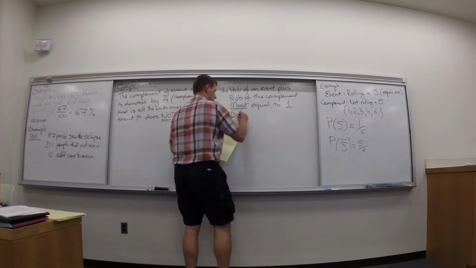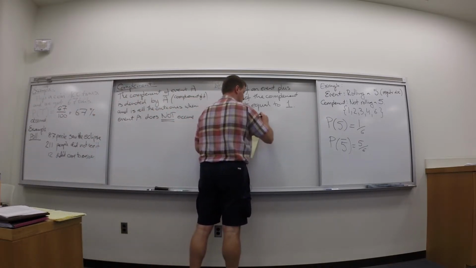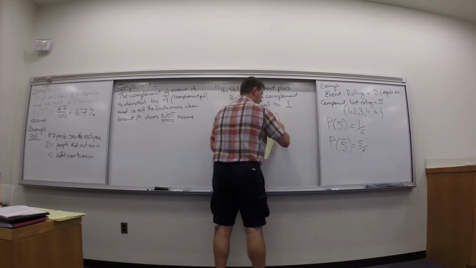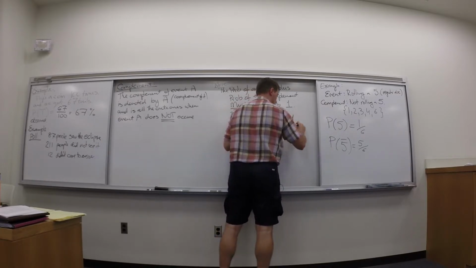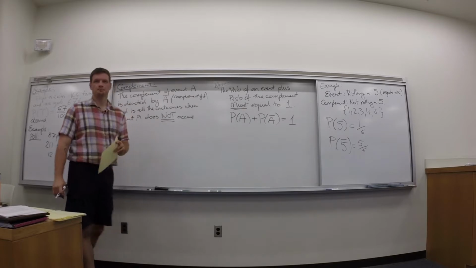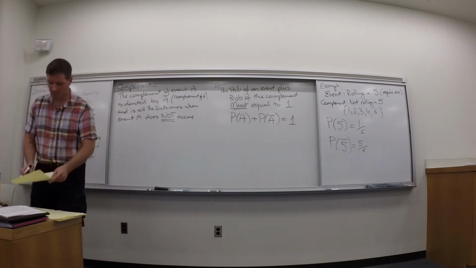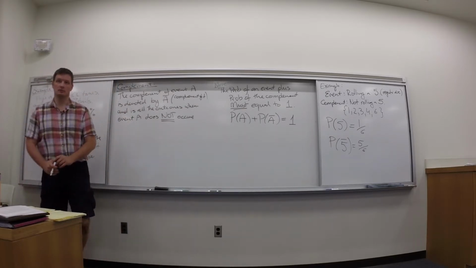So probability of A plus probability of complement of A equals 1. Now this is important, this will show up later.